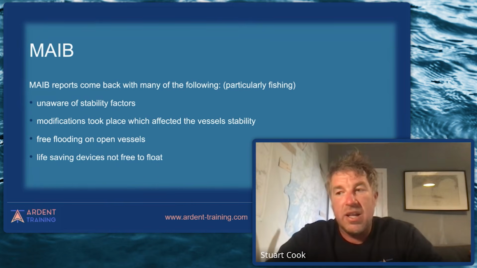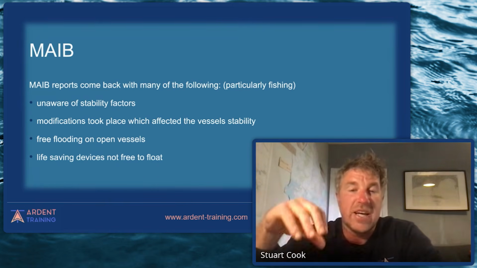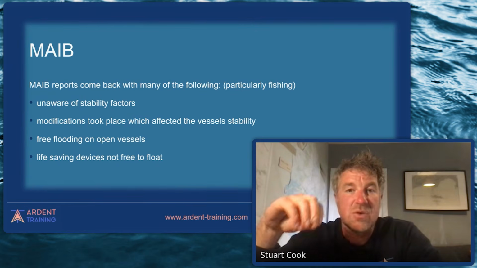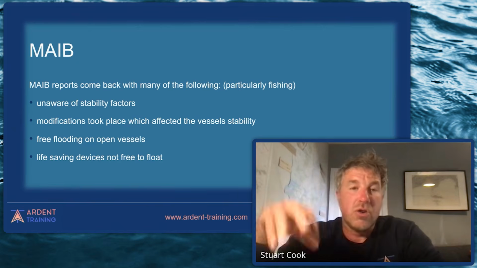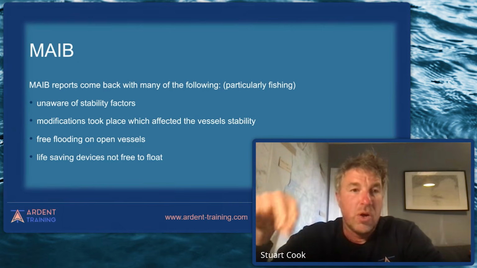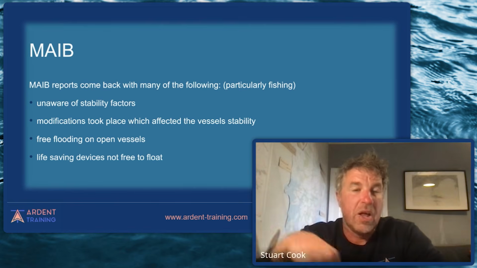was particularly the findings in the MAIB reports for vessel accidents with fishing vessels were particularly strong on the users, the owner, the crew being unaware of the stability factors of the vessel. So what was happening?